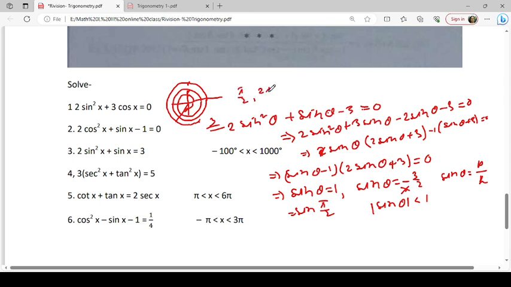What are the values? This is 90 degree. Then 360 plus 90 is 450 degree, and 450 plus 360 is 810 degree.